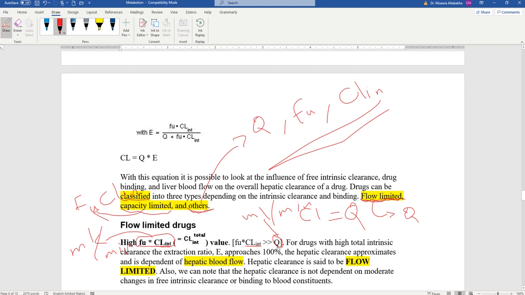Why? Imagine the following situation. There are a lot of buses and a lot of cars waiting to take you home. So what controls the clearance here? It's not the buses and the cars because there are a lot of them. What controls the clearance, or your removal as students from the university to your homes, is how fast you are getting to your cars.